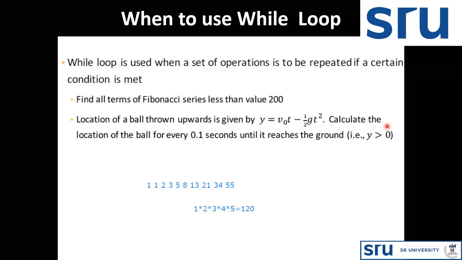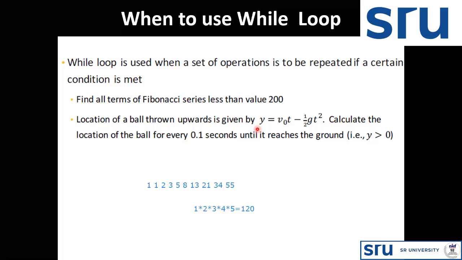Ground means our datum level. If the condition is satisfied, you have to trace the location of the ball for each 0.1 second, the ball location meaning the y values, the projected location.